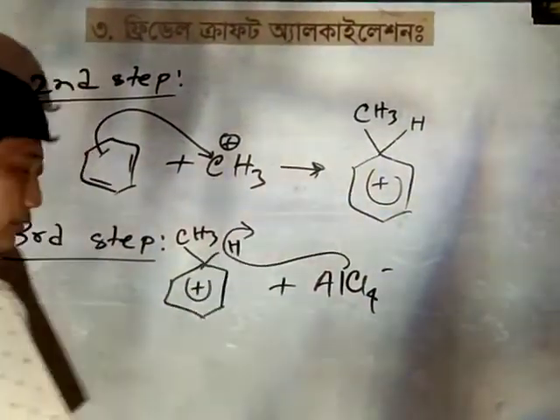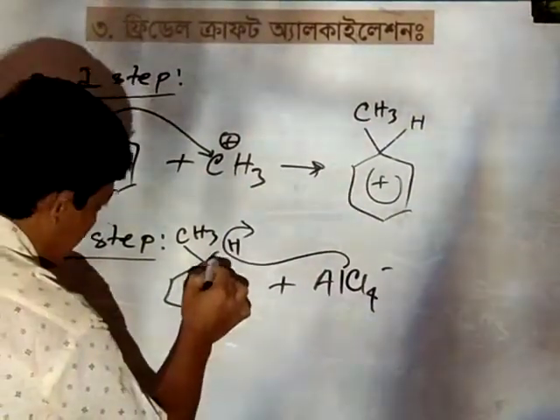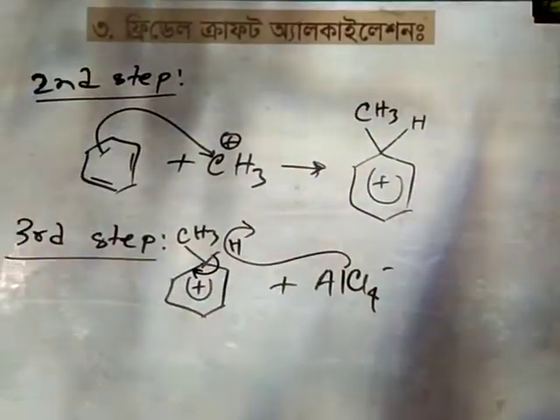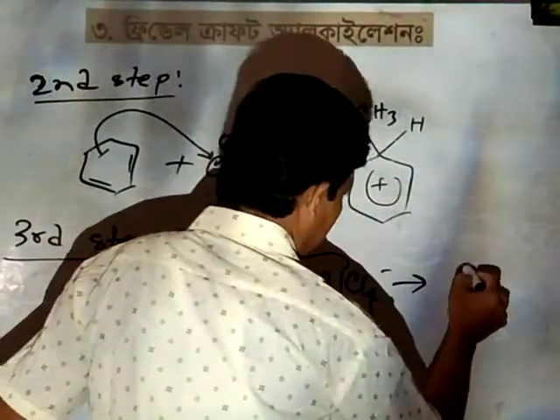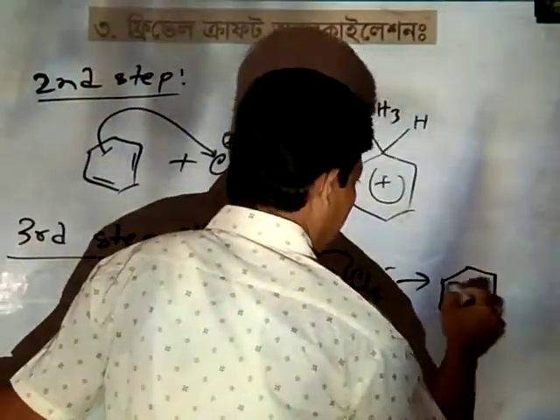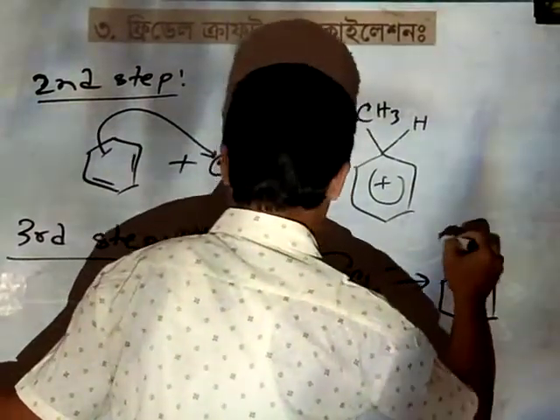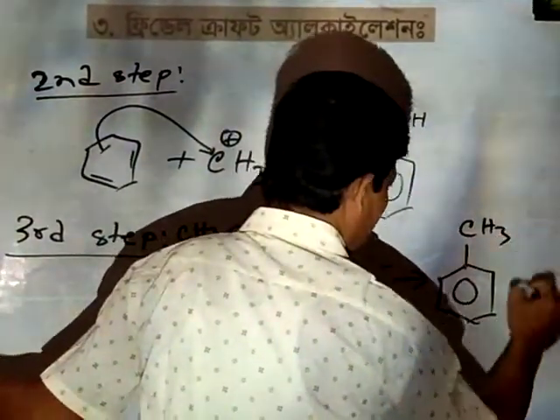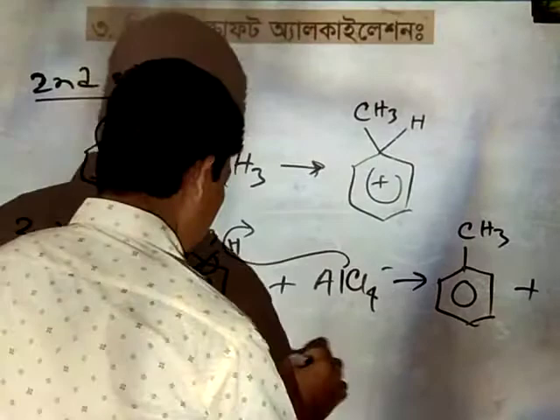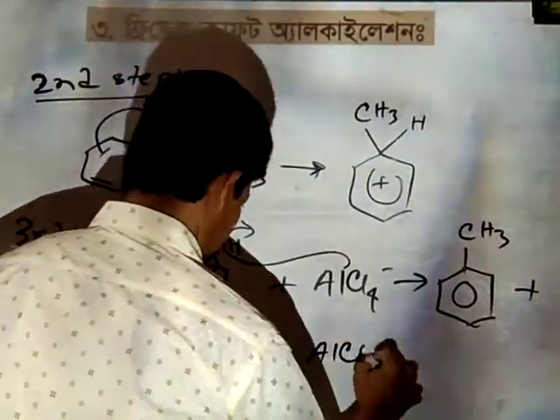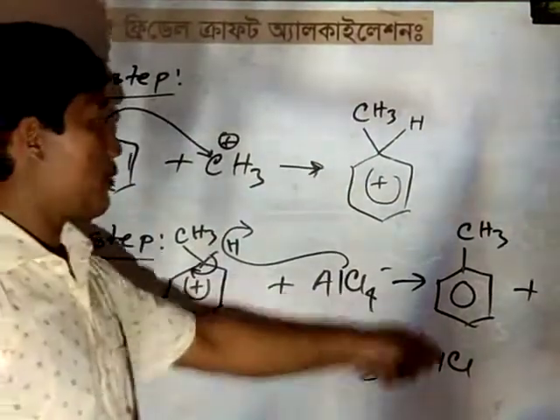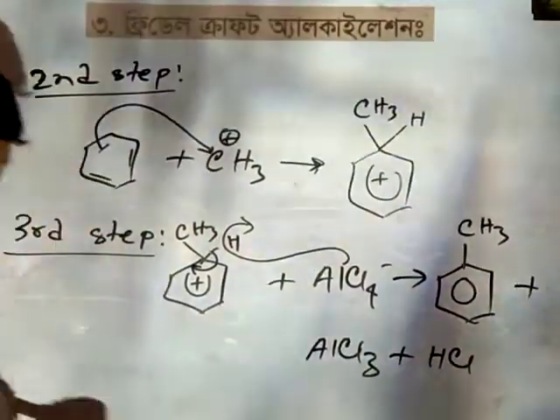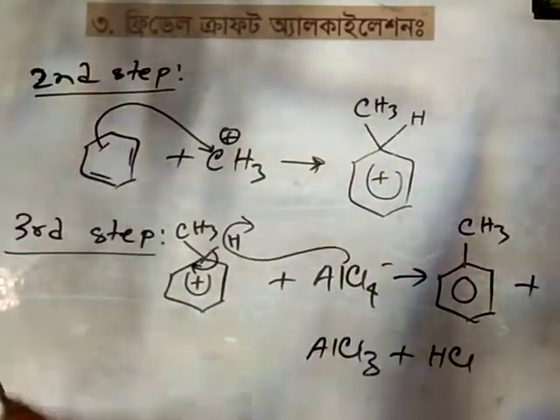This will be eliminated as a proton, and this bond will come to the benzene ring and create a pi bond in the benzene ring. Then we shall get this, which is known as toluene, and will regenerate aluminum chloride and HCl. So dear student, this is the final product, toluene. This is the mechanism of alkylation.